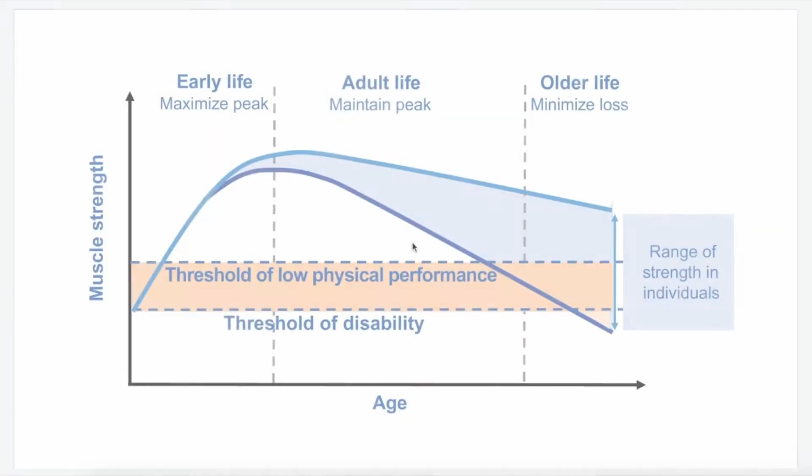And what I want to show you is basically a graph that shows strength loss over time. So what you're seeing here is a graph that shows muscle strength and our age. It's divided into three different phases of our life.